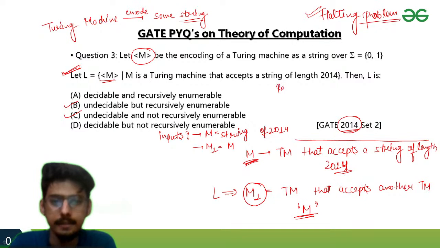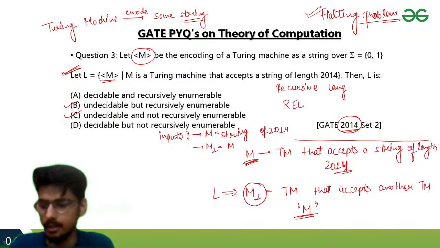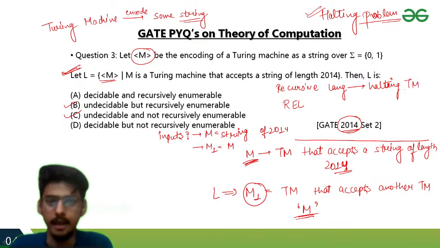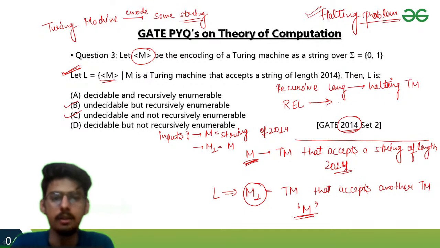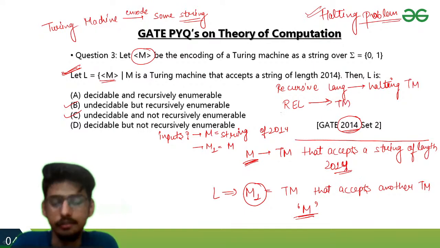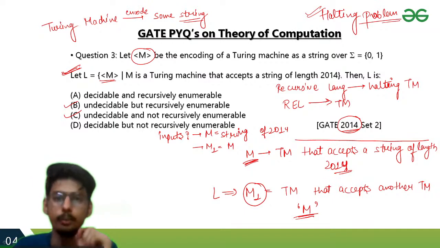Recursive language is accepted by a halting Turing machine, and recursively enumerable language is accepted by a Turing machine that may halt or may not halt. In case of recursive language, it will definitely halt and tell you whether the string is acceptable or not.